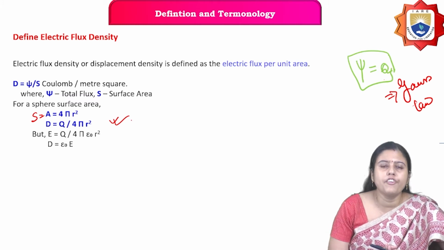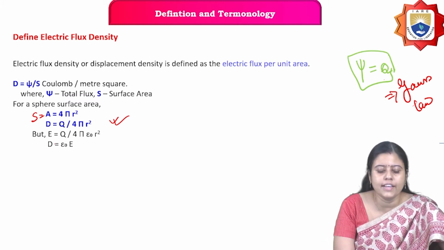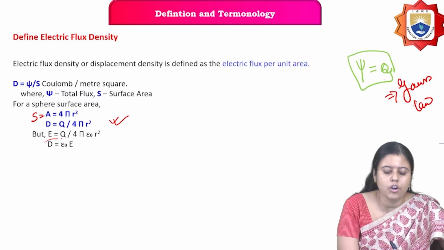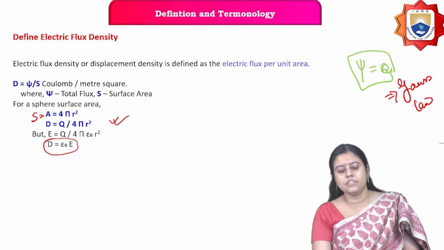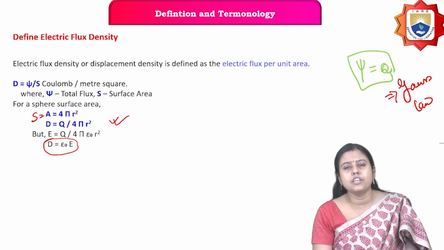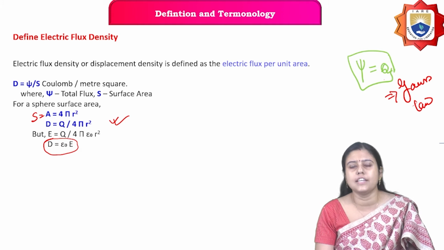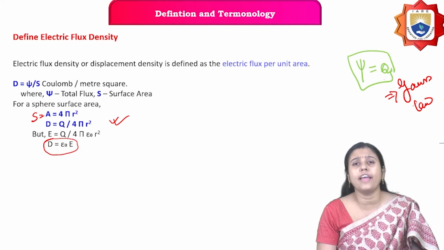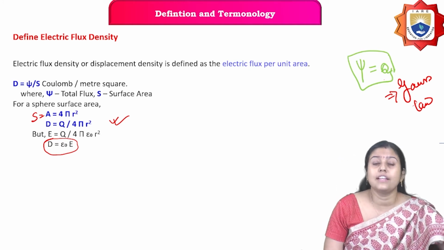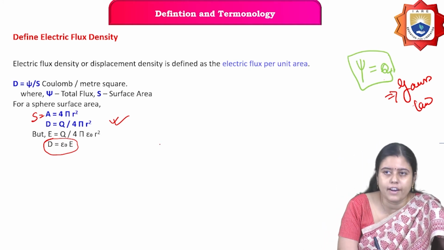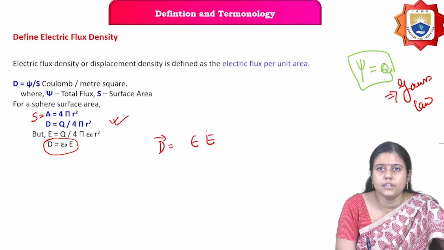And from the previous slide, we got that E, the field intensity, is equal to Q by 4 pi epsilon naught r square. And we got the relation D is equal to epsilon 0 E for the flux density in air. If we go for any other medium except air, we can write D is equal to epsilon into E.